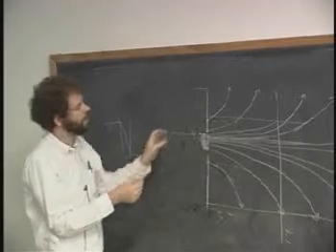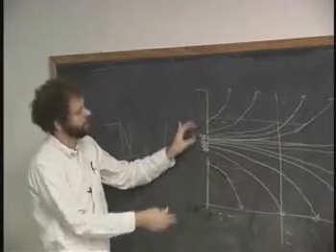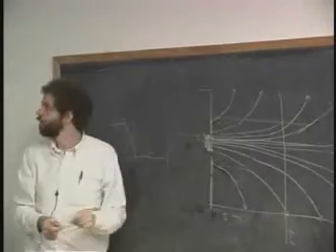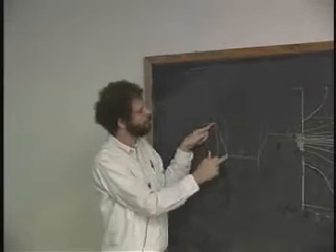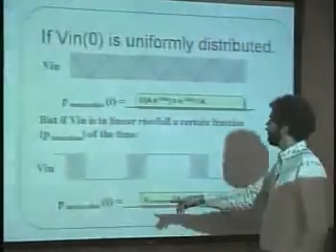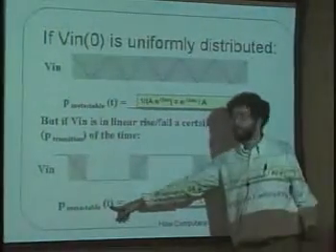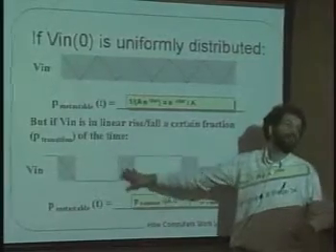So the chance that a system will be metastable past time t is just this distance divided by that distance. Now, you have to take into account the fact that it will only be in transition a fraction of the time. And so that's what we take into account here. The probability that you are metastable after time t is equal to, first of all, the probability that you're in transition at all.